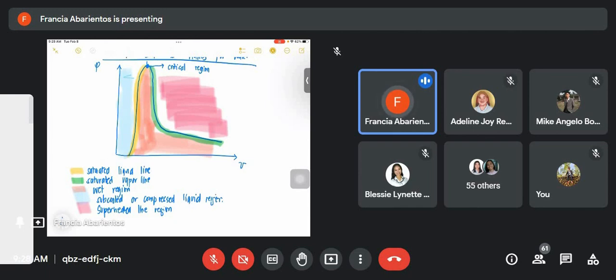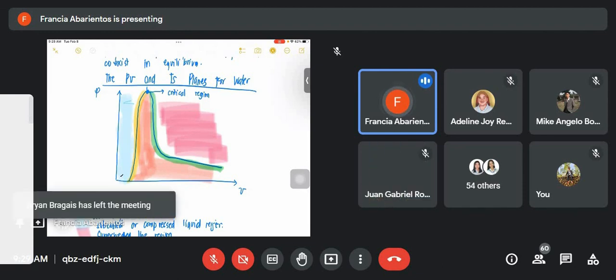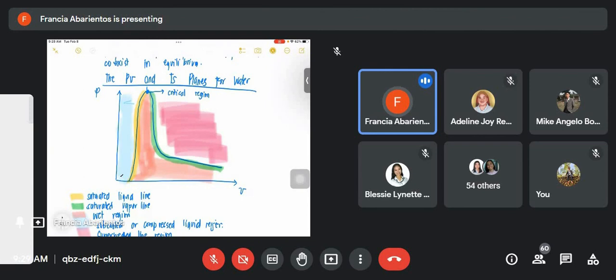The blue one here, this is the subcold. The yellow line, that is the saturated liquid line. And the green, that is the saturated vapor line.